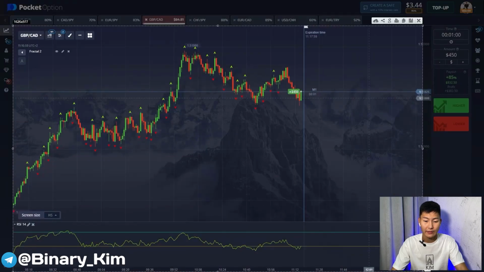We see that the RSI crossed the line 45, which is the oversold zone, and we understand that the local low is going to be updated here. Here we observe the correction, after which we are going to see a good bounce. Our support zone is going to play out here, and the price is going to go up.